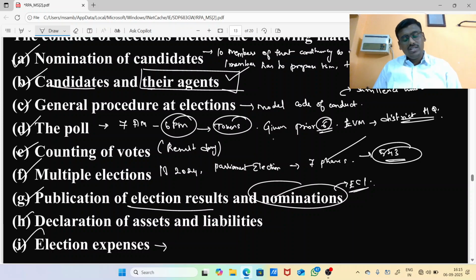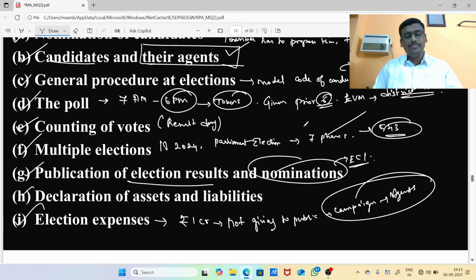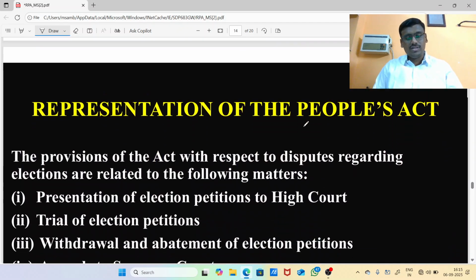Election expenses is that up to 1 crore a candidate can spend in his constituency, not for giving to the public. He should have a campaign, he should call his agents, so he needs to spend on them. So it is election expenses.